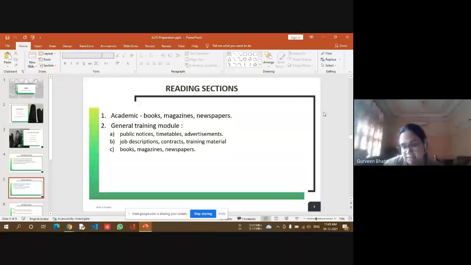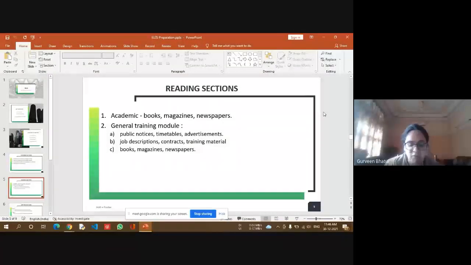Now, one thing is that your vocabulary needs to be strong over here. And how will your vocabulary improve? Your vocabulary will improve by referring to the dictionary and by reading English newspapers. Whenever you're preparing for the IELTS, it is very, very important to form good reading habits.